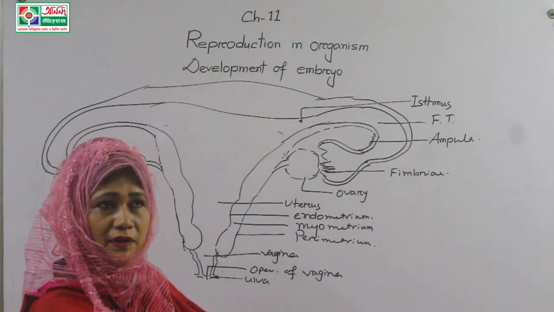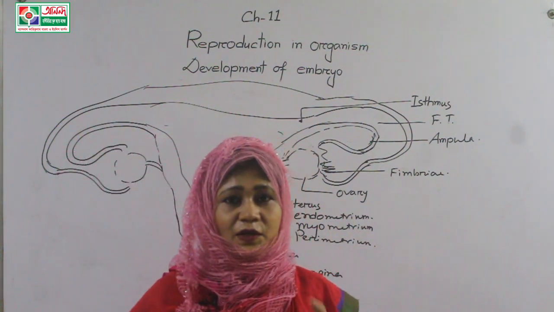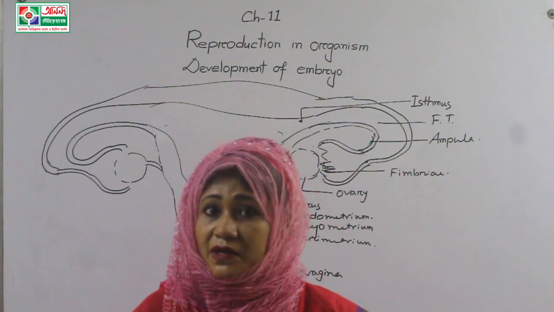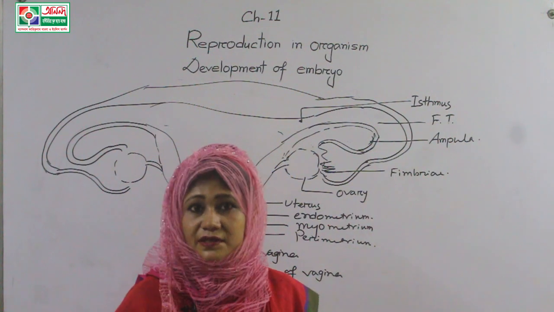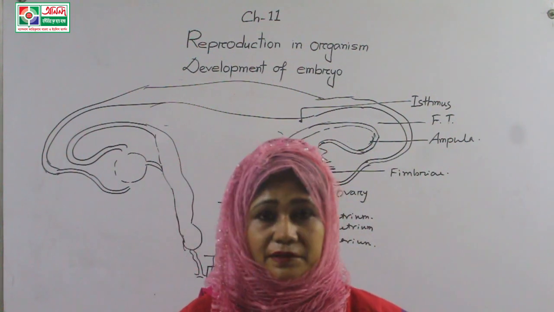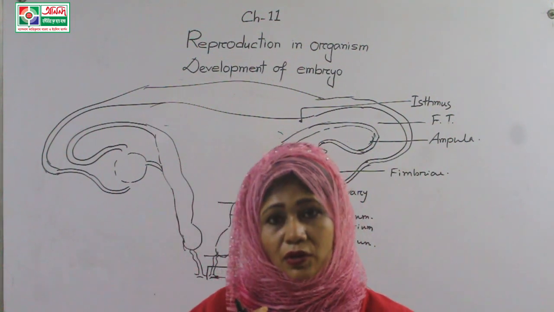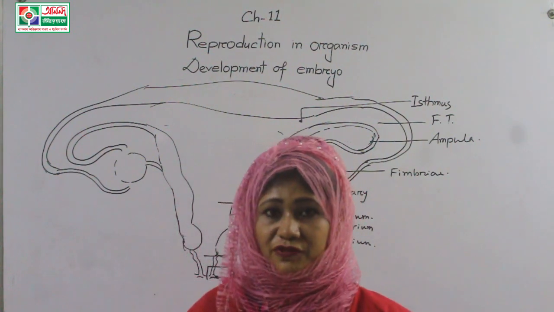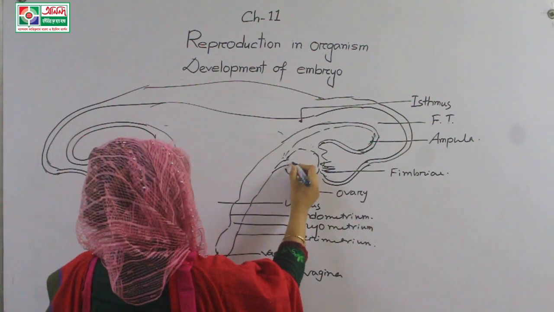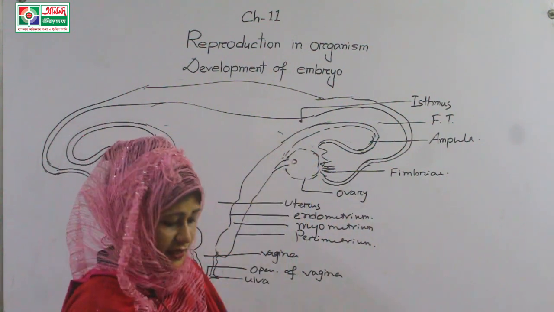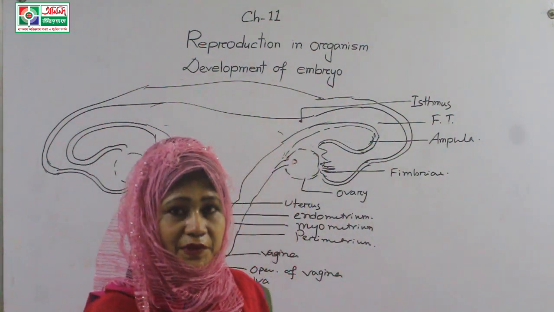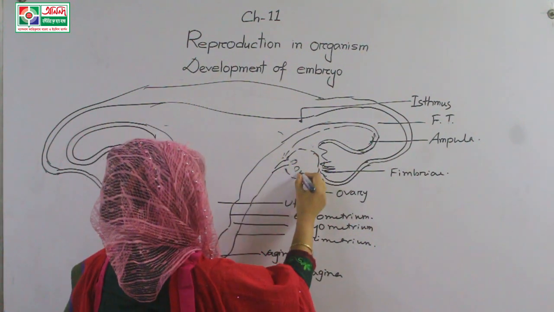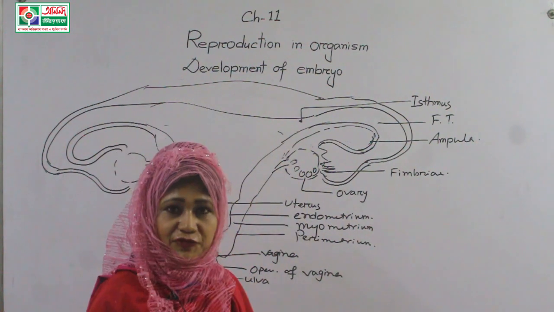Now I will draw the secondary oocyte. Students, I am not mentioning it as the ovum, because in the first stage it is not like the ovum. We will call it the secondary oocyte, because this is the arrested phase. In the ovary there are follicles. From the starting follicle, if we name them, it is known as the primordial follicle, and after that the Graafian follicle.